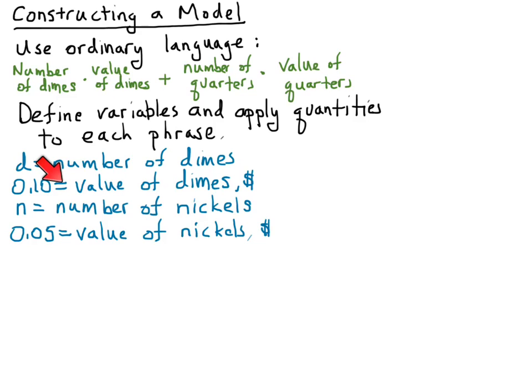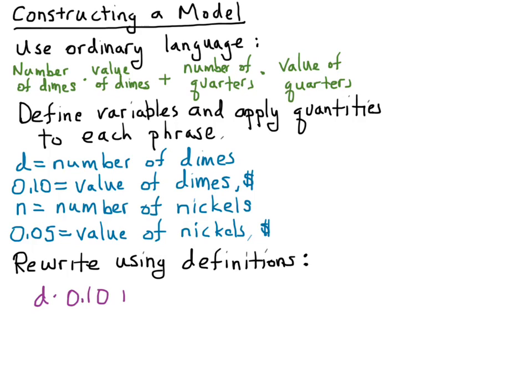My goal is to write an expression that comes out of my ordinary language model. And so we can rewrite that. You get this expression, which looks like a fairly ordinary algebraic expression, and for the time being you can forget about what D's and N's are, but you have something to manipulate.